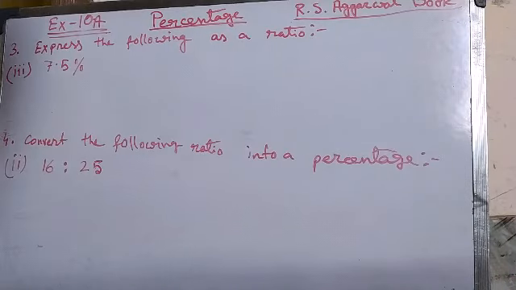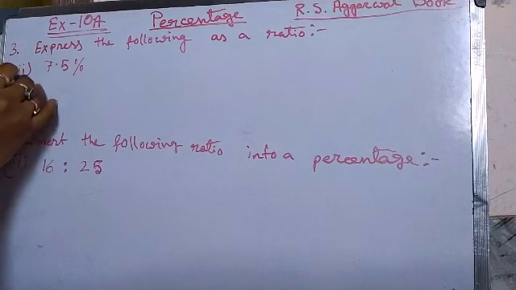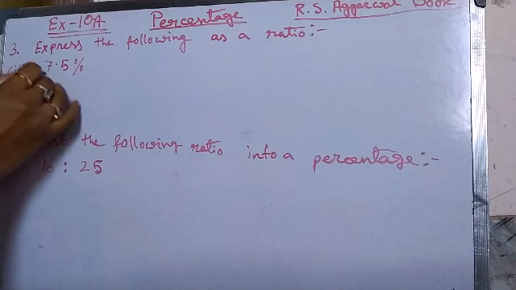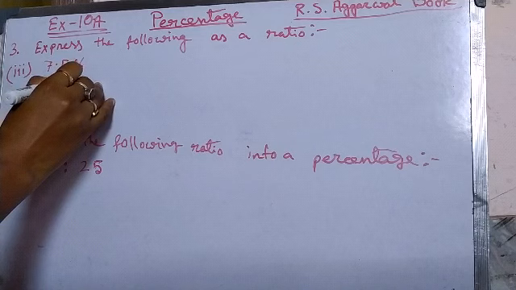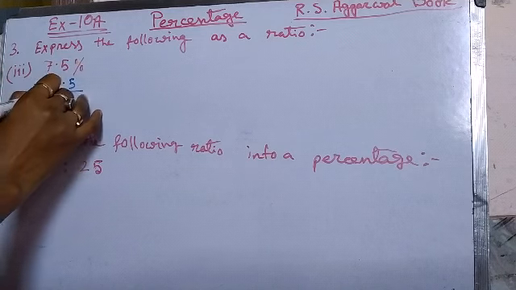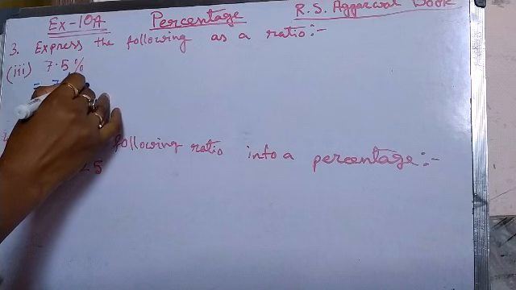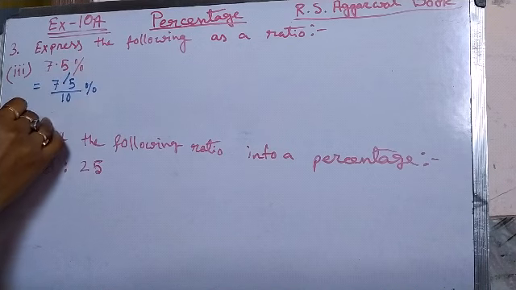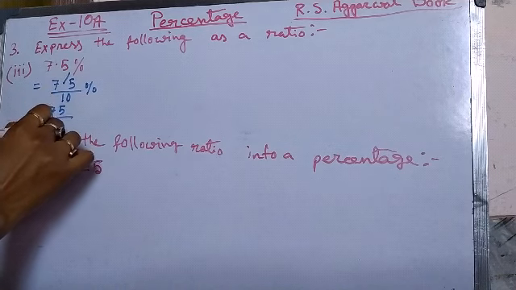Now question number 3. Express the following as a ratio. So 7.5% is given in question number 3. So 7.5 means that point will be removed. That means 10 will come. Percentage, then percentage means what will be, that we have to write.